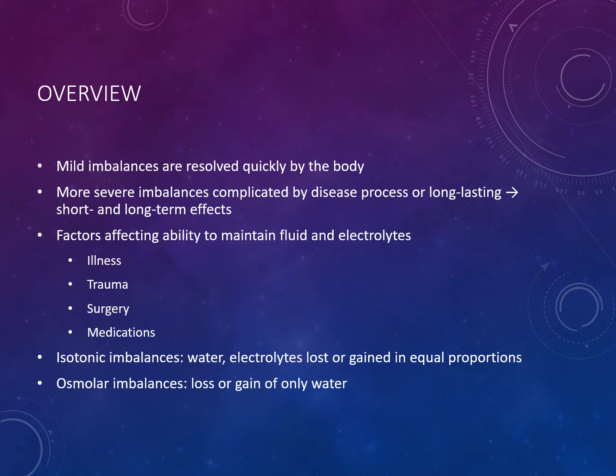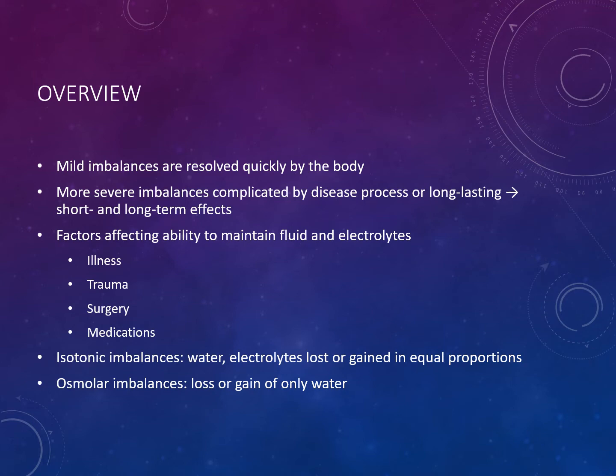Fluid and electrolyte imbalances are classified as fluid volume deficit, fluid volume excess, and electrolyte imbalance. So fluid imbalances are of two basic types. You have isotonic, which occurs when water and electrolytes are lost or gained in equal proportions, so the osmolality of body fluids remains constant.